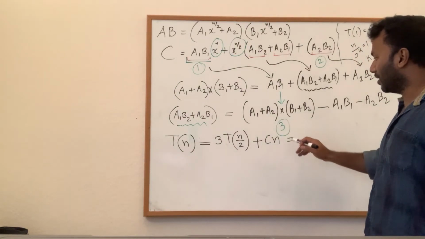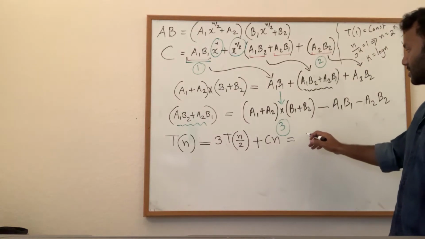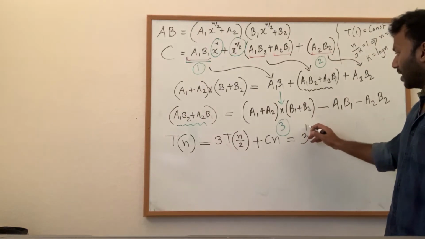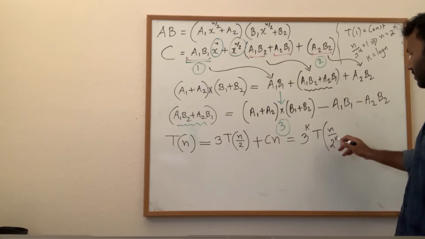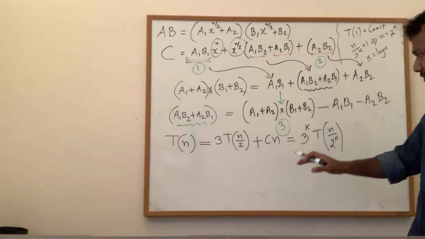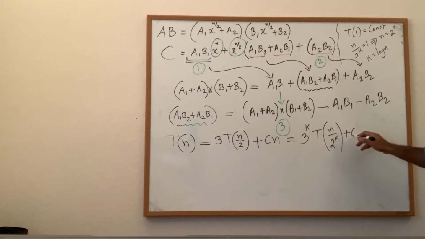And if you do the math now, what you're going to get is an equation like this: 3 to the k, T of n divided by 2 to the k. The same way as before, if you do the expansion, then this will become cn multiplied by 1 plus 3 over 2 plus 3 over 2 square plus dot dot dot. The last number is going to be 3 over 2 raised to k minus 1, right?